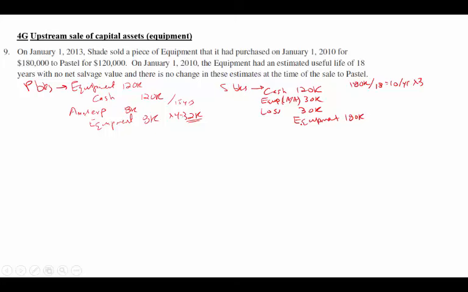So what's wrong here? What do we need to deal with in our elimination entries? Well, we have a piece of equipment now sitting on Parent's books being depreciated at a value of $120,000. We know that value is incorrect for the consolidated entity because it should be based on Sub's values, and for Sub it was still sitting there at 150. It should have been depreciated at $10,000 a year because it hasn't been sold to a third party.